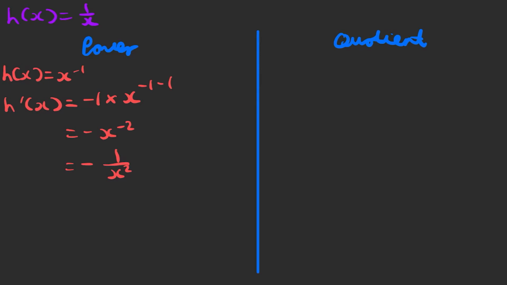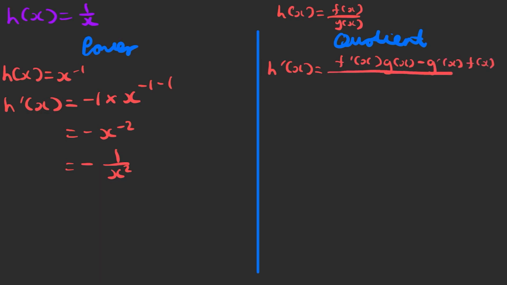Now let's try and use the quotient rule. Just a reminder, the quotient rule states that if h of x is equal to f of x on g of x, then the derivative of h of x is f prime of x times g of x minus g prime of x times f of x all over g of x squared. Okay, so we know that in this scenario f of x is equal to 1 and g of x is equal to x.